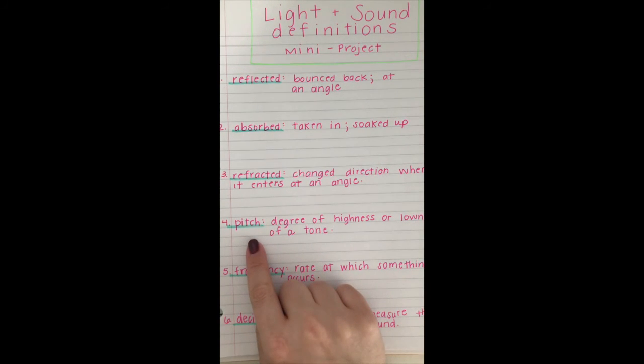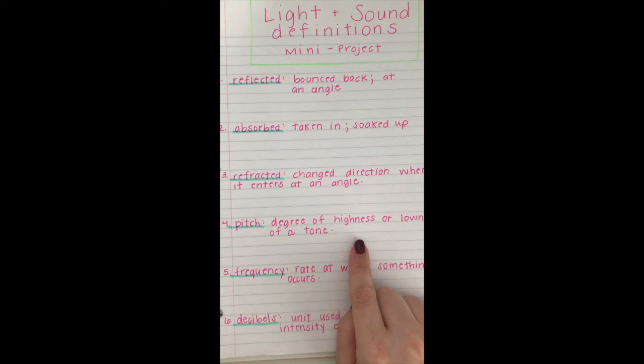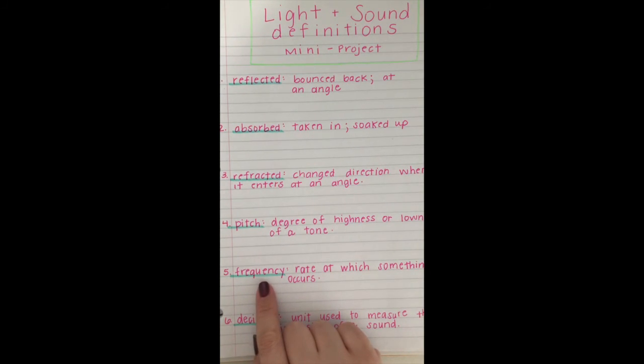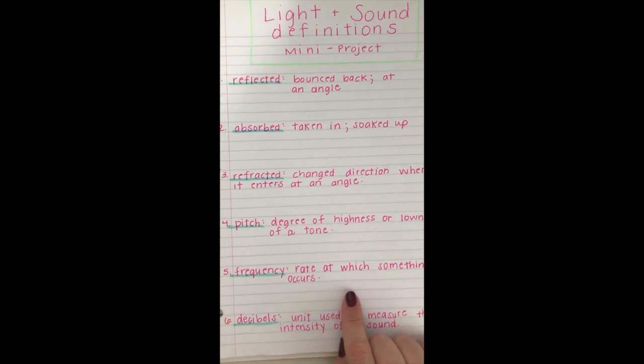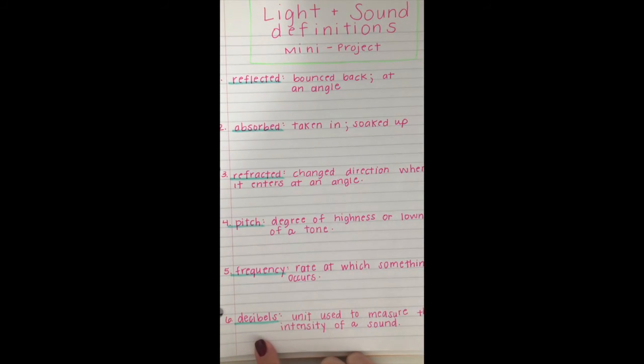So here we have pitch, and that means a degree of highness or lowness of a tone. So we would have learned a little bit by now about pitch when it comes to singing especially. Then frequency. This is the rate at which something occurs. Decibels.